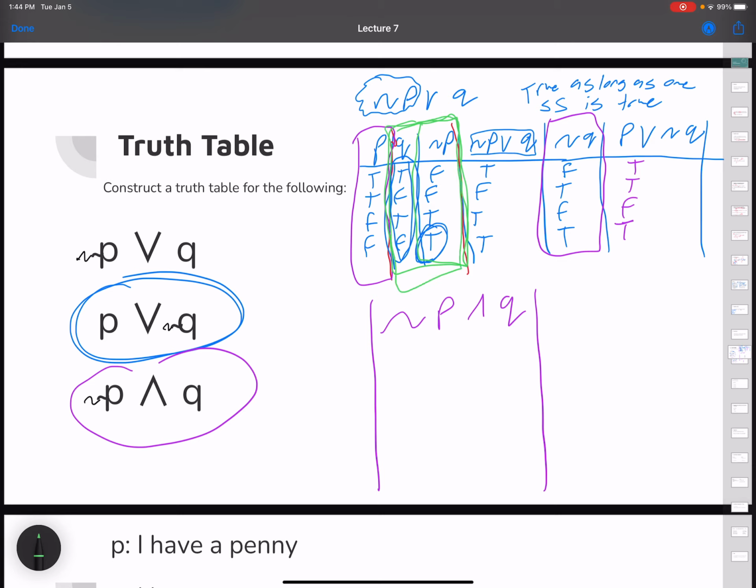And remember, an and statement is only true when both pieces are true. So the first piece, where we have not P, is false, so we have a false. Then they're both false, so we have something that's really false. Then we have true, true, so we get a true there. And then in the last piece, we have a false, true, which is going to be false because we have at least one false, and this is an and statement.